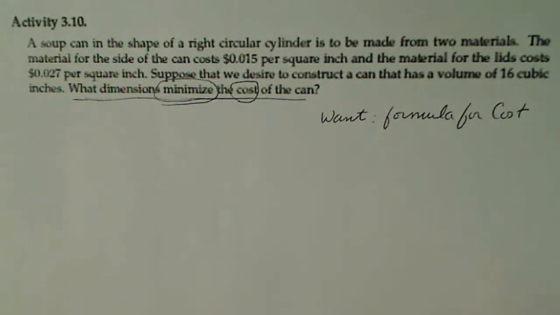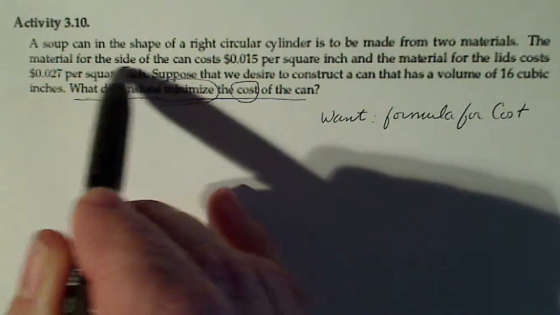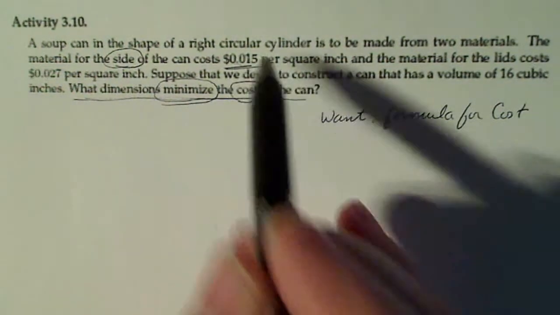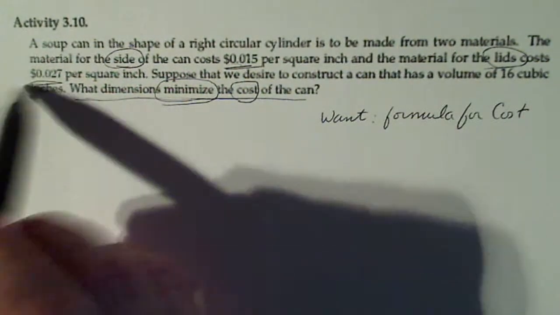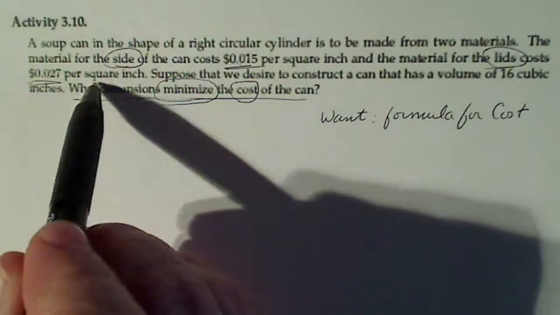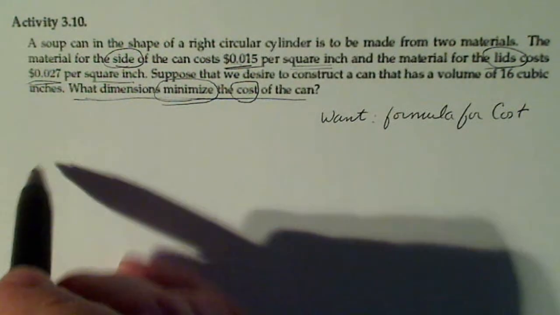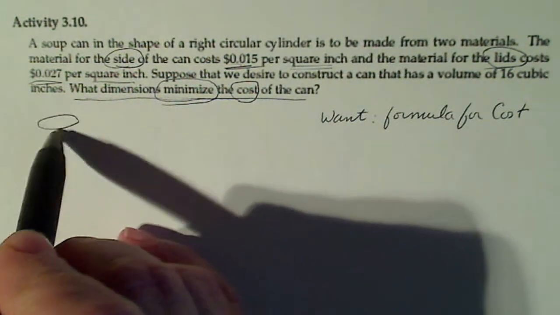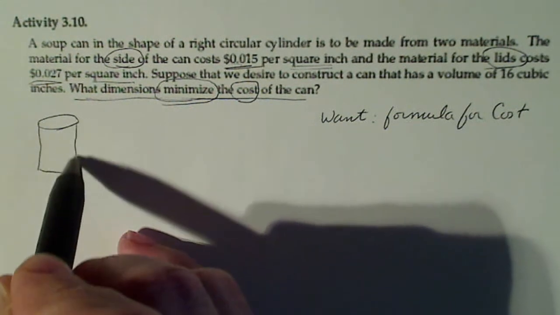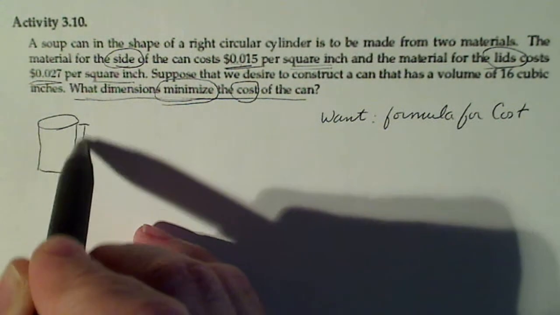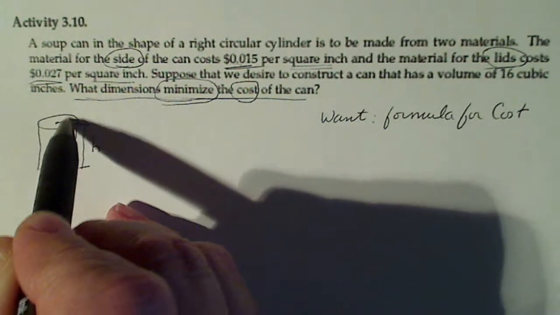But what else am I given? I know that the material for the side is 0.015 and material for the lids is 0.027 per square inch. Square inch also implies area. So if I draw a picture of my right circular cylinder, it's like an oatmeal canister. I know that this is going to be h and this is going to be r.